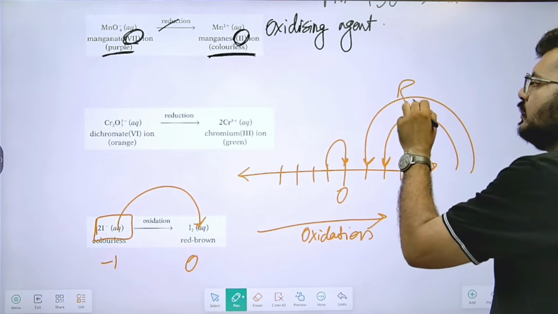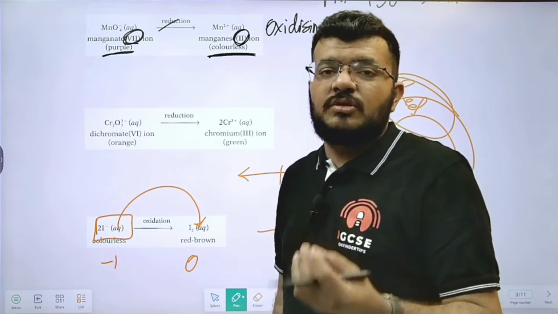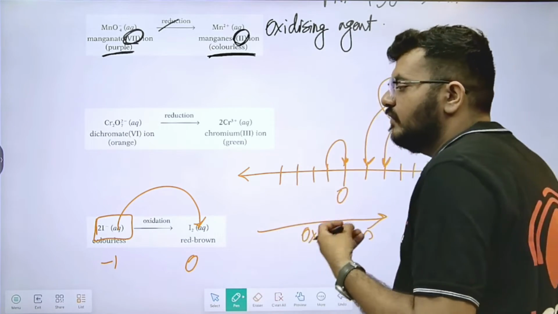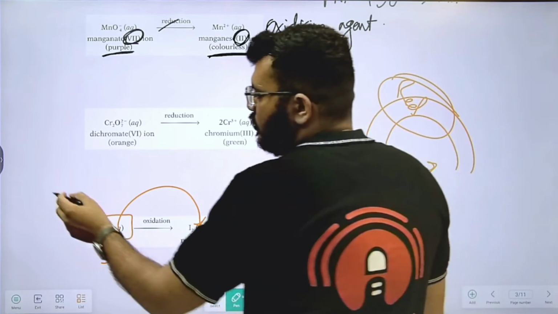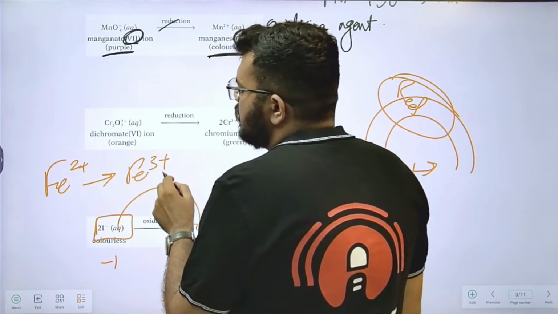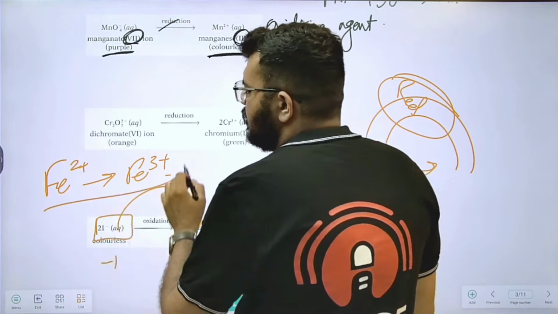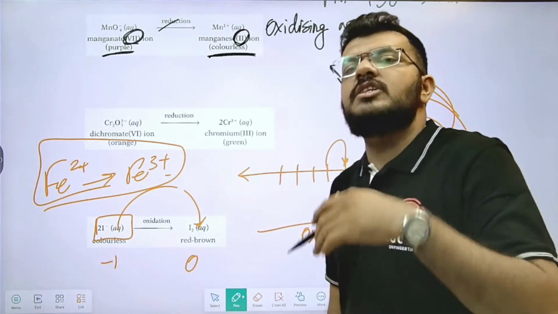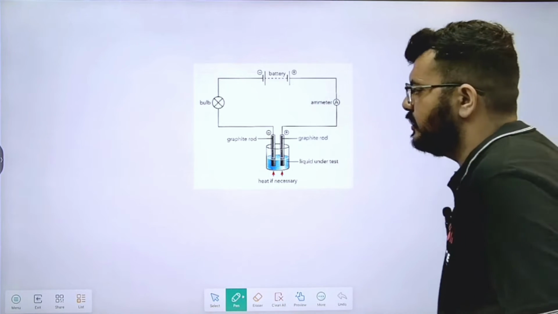Both of these are reduction. So just by looking at the change in oxidation number, I can say if this is reduction or oxidation without remembering what happened to electrons. For example, Fe2 plus becomes Fe3 plus. This can be done only if it loses electron. But if I don't remember this, I can just say oxidation number is increasing. This is oxidation.